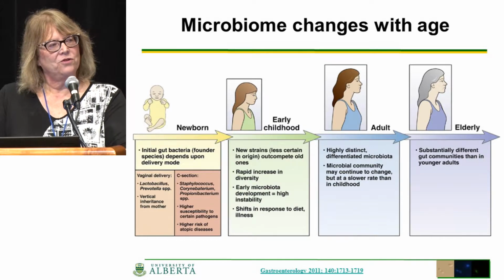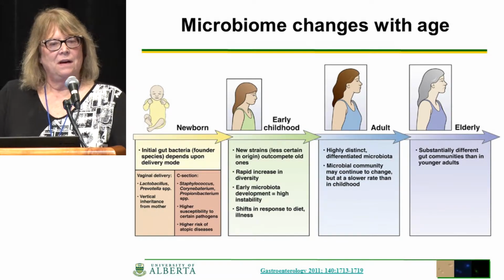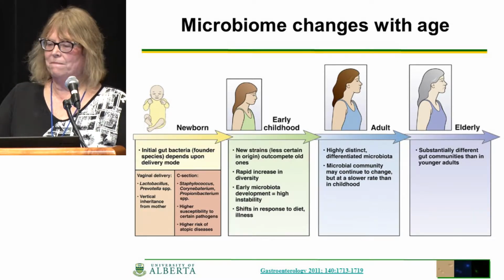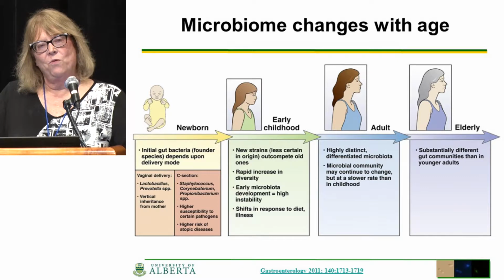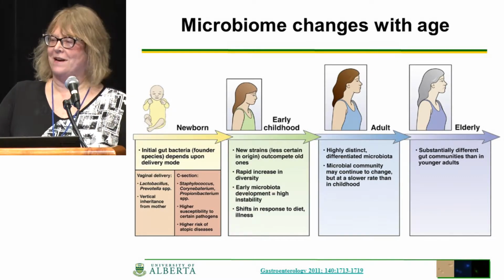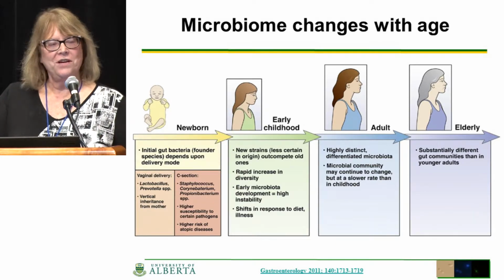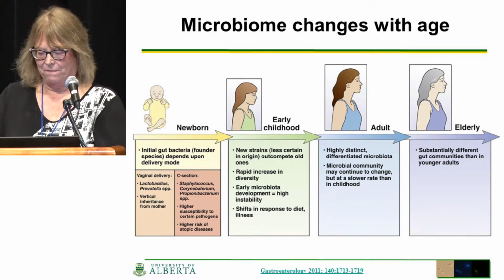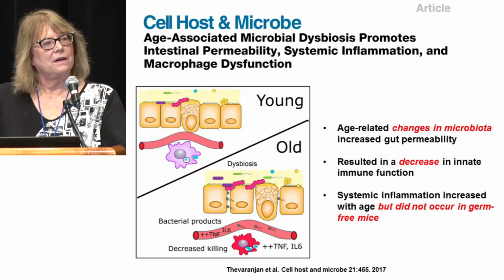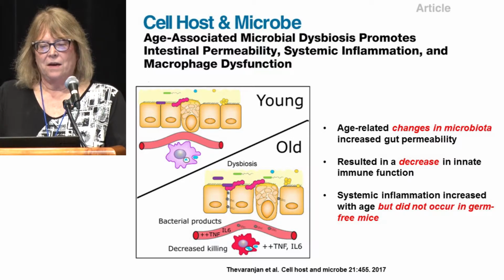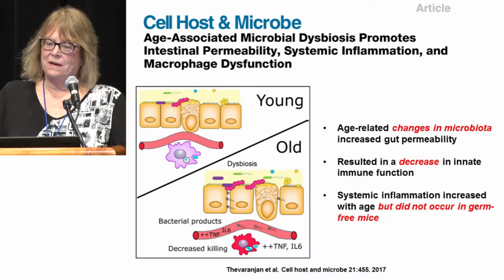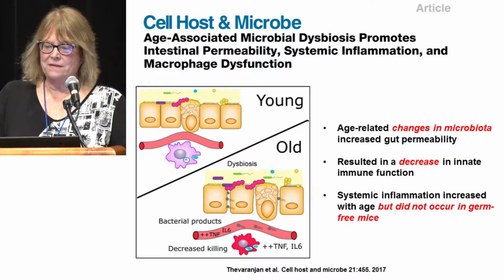So our microbiome also changes with age. There is a lot of development in early childhood. When you're an adult, it's relatively stable, depending on your diet. And when you go into your elderly state, you start losing microbes again. You are losing your diversity. Things are going down. It's interesting that this study just came out, again in mice, showing that age-related changes in the microbiota increase gut permeability in old mice.